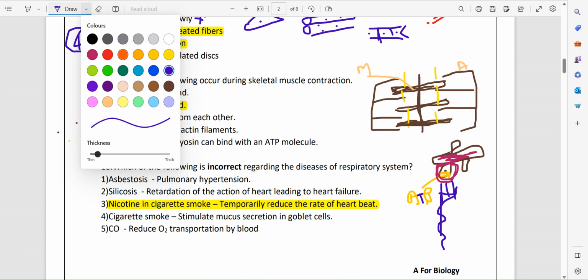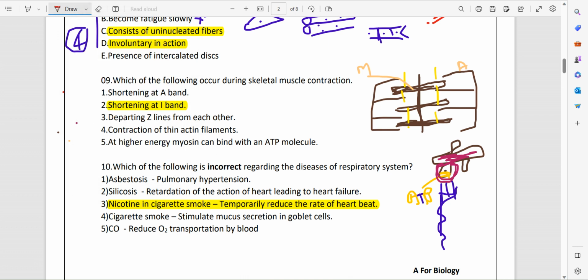So you don't know those bands here. I did not label them in my diagram because it's not necessary, but I don't know whether you might need it or not. I will mark it here. So this is the I band and this is the A band.